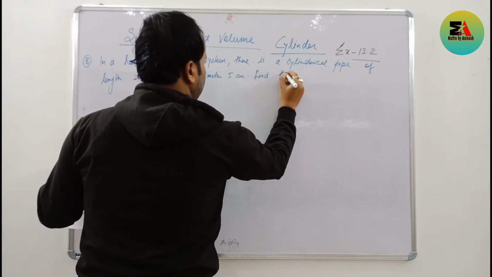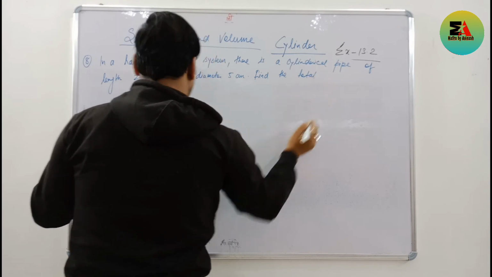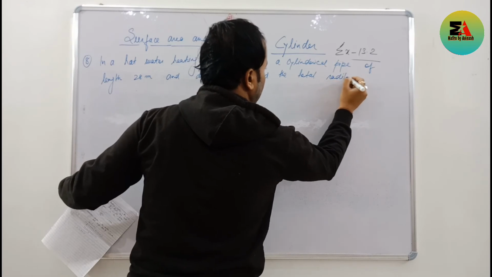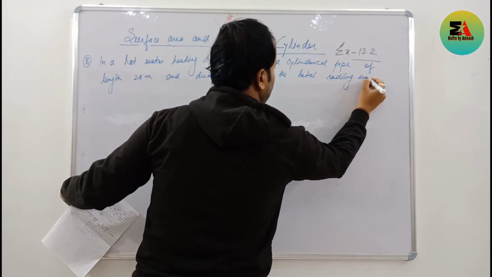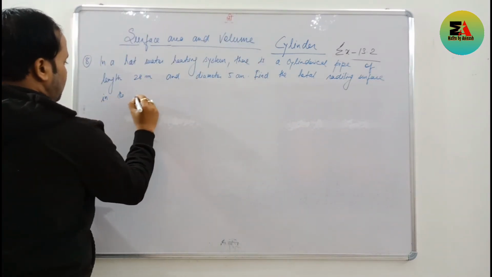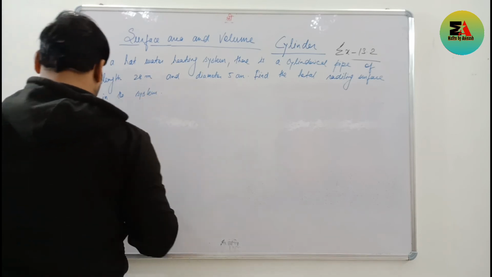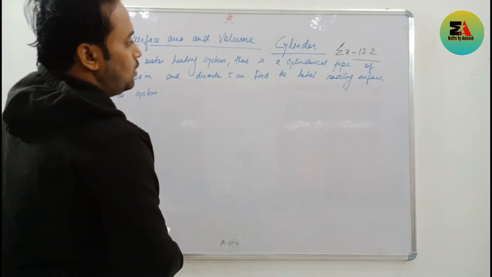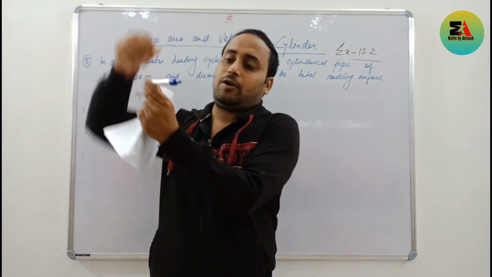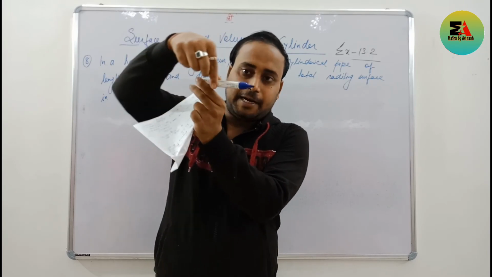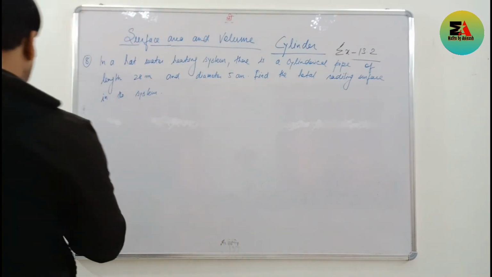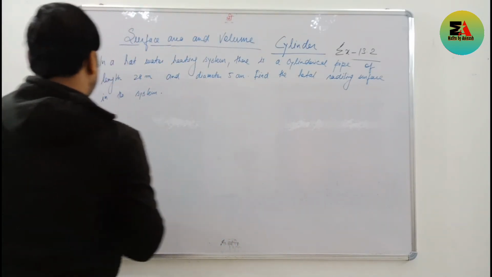Find the total radiating surface in the system. Radiating means what? Suppose this is an iron rod. If we heat the iron rod at the bottom, this heat will be radiated to the upper surface. Then we have to calculate the total.